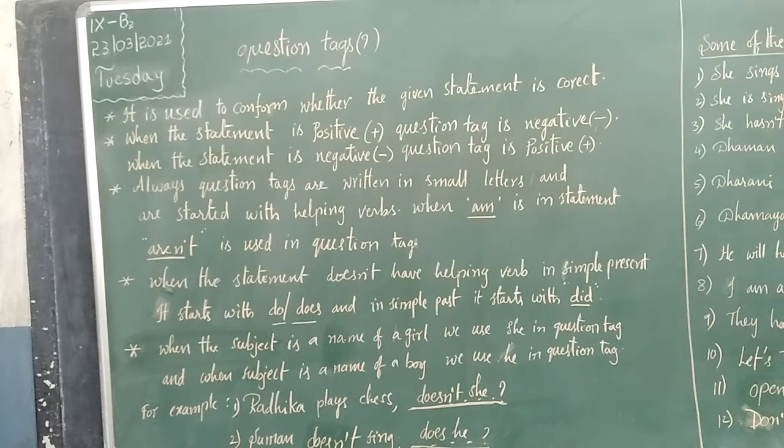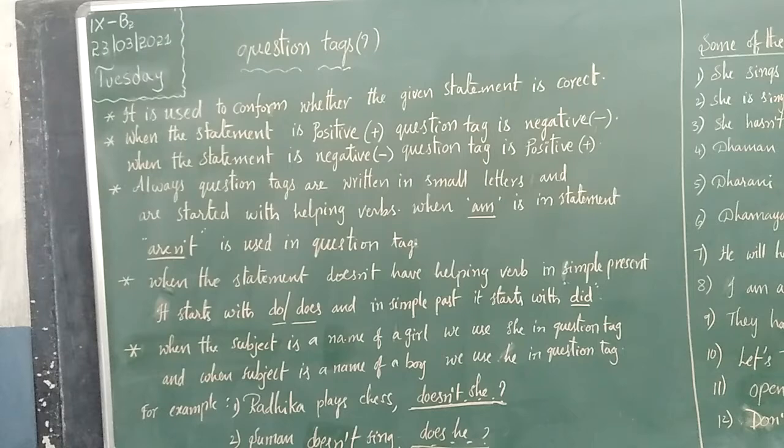See, this is very important to consider. Next one is when the statement doesn't have a helping verb. Already I told you, in simple present tense it starts with do or does, and in simple past it starts with did. Okay? When the subject is the name of a girl, we use she in the question tag, and when the subject is the name of a boy, we use he in the question tag.